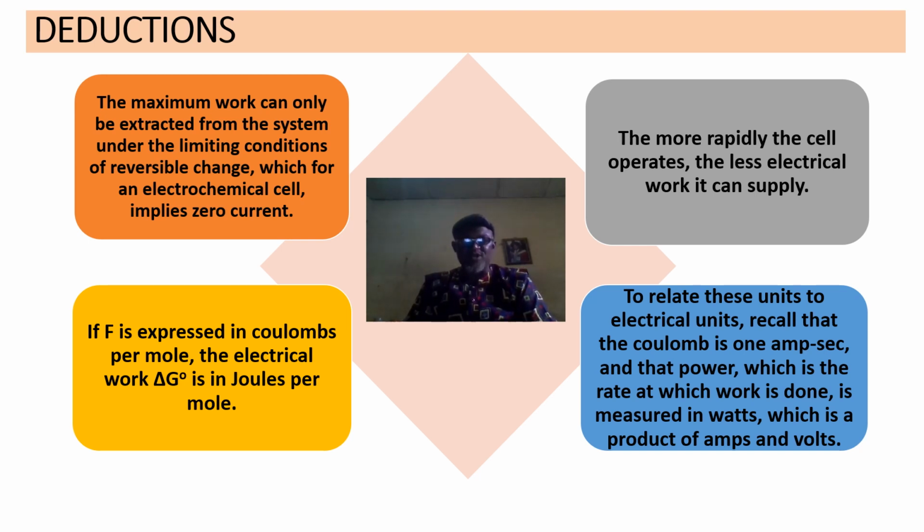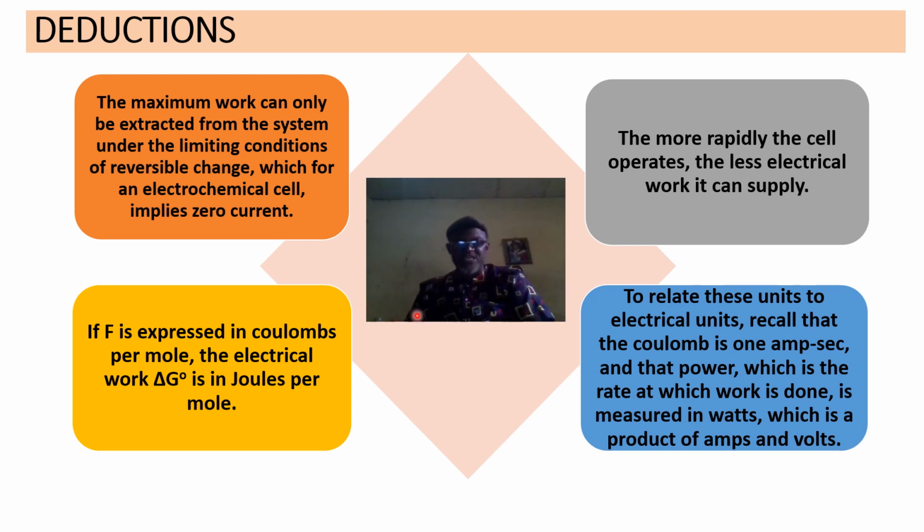Therefore, the maximum work can only be extracted from the system under the limiting conditions of reversible change, which for an electrochemical cell implies 0 current. This means that the more the cell operates, the less electrical work it can supply.